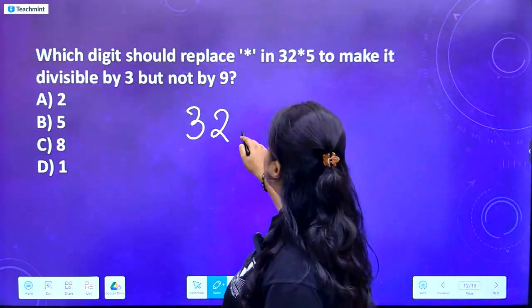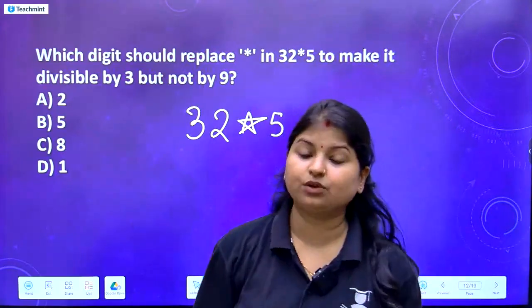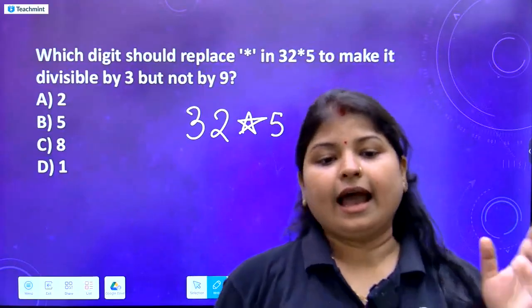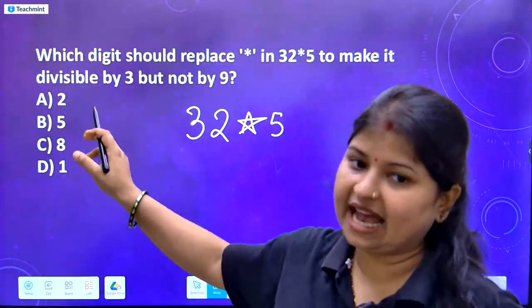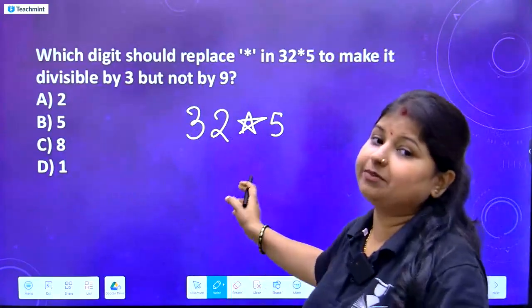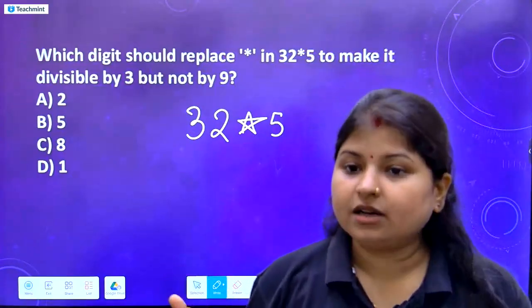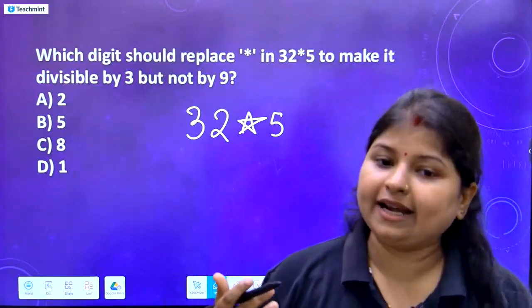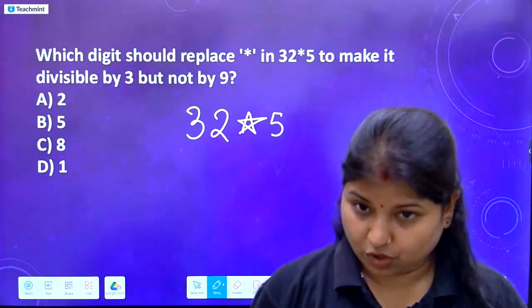3, 2, star and 5, right? I have to fit from among these digits any of the digits that makes this number divisible by 3 but not by 9. And I know that the divisibility rule of 3 is the same as the divisibility rule of 9.